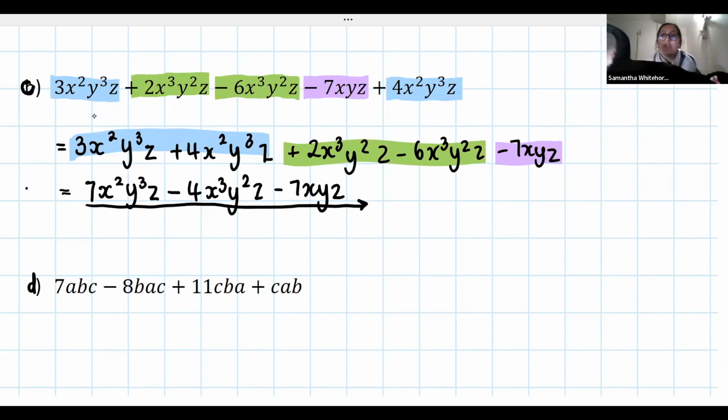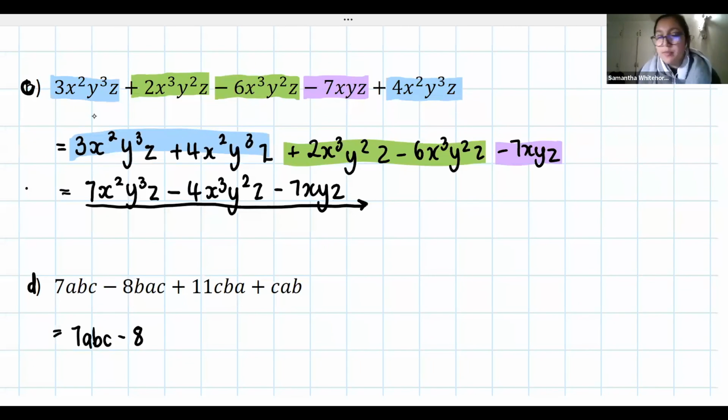Right, now for question D, what we need to bear in mind here is the fact that all of them have A, B, and C. So what we might need to do for ourselves is put it in alphabetical order first. So the first term is already in alphabetical order, it's A, B, C. The second term is negative 8BAC.